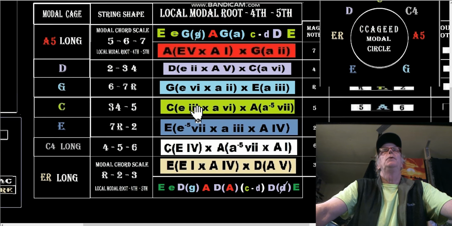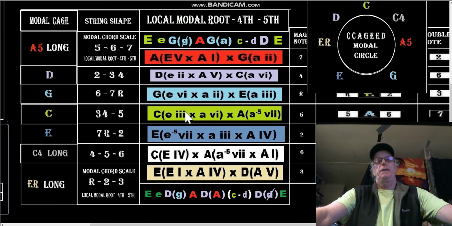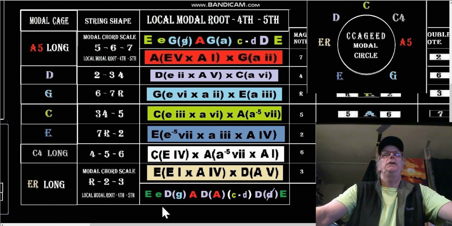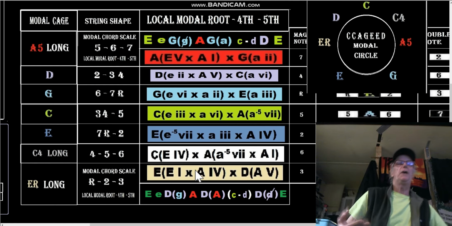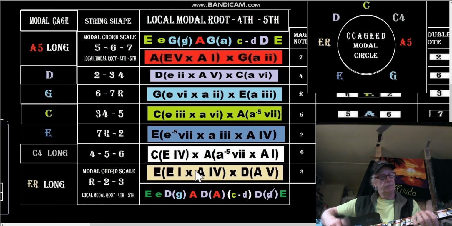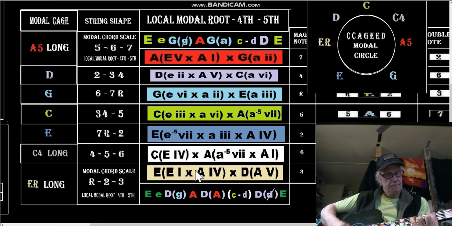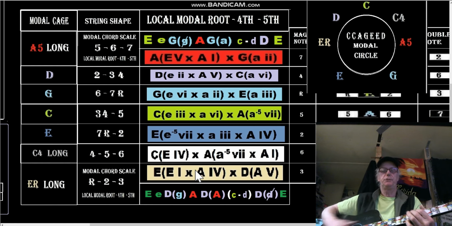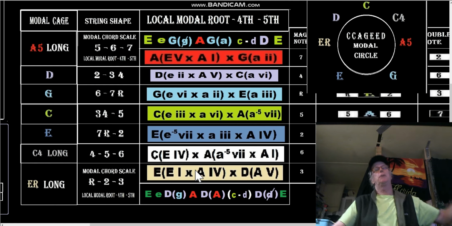Now, what I want to explain right now is that in the old system, we're doing 1, 4, 5 in every position. C shape, F shape, G shape. I even did the bar for you.